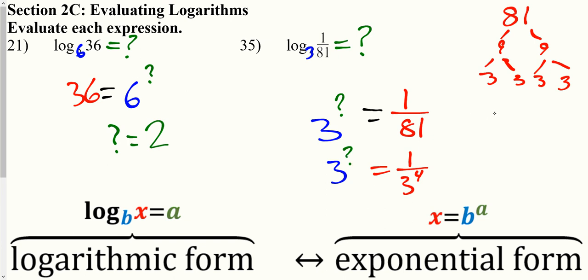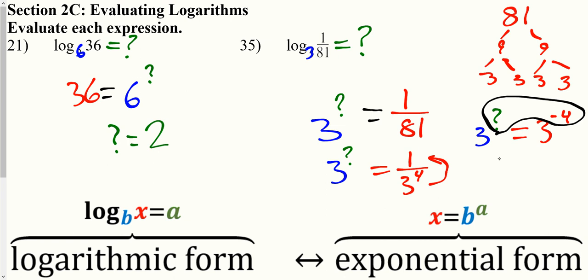I'm going to take this and bring it up, and it becomes a negative exponent. Now that I have the same base on each side, our exponents are equal, so that green exponent simplifies down to just negative 4. So log base 3 of 1 over 81 is just another name for negative 4.